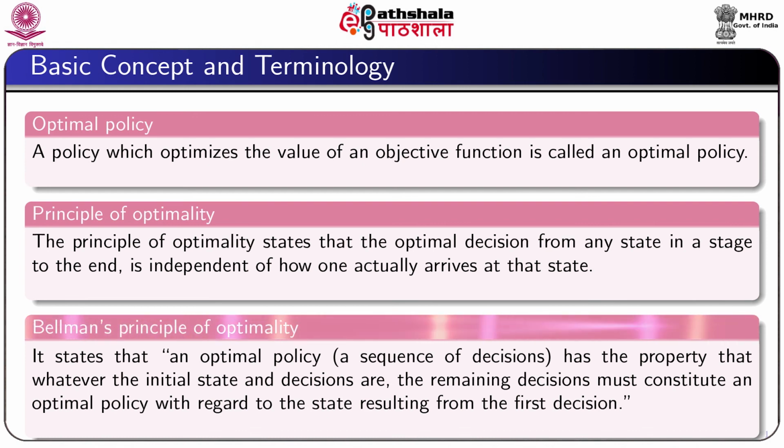This principle states that an optimal policy has the property that whatever the initial state and decisions are, the remaining decisions must constitute an optimal policy with regard to the state resulting from the first decision. This principle implies that a wrong decision taken at a stage does not prevent from taking optimal decisions for the remaining stages.